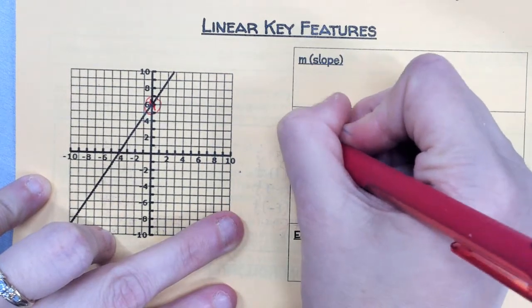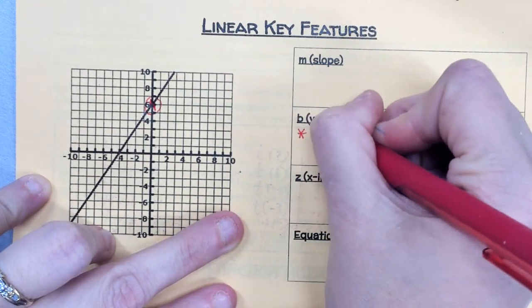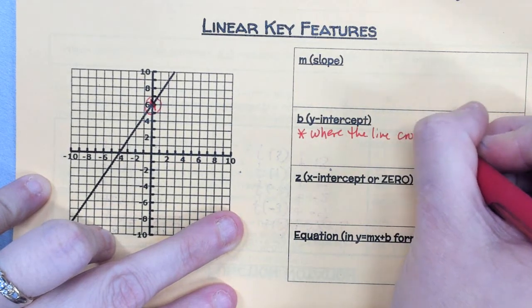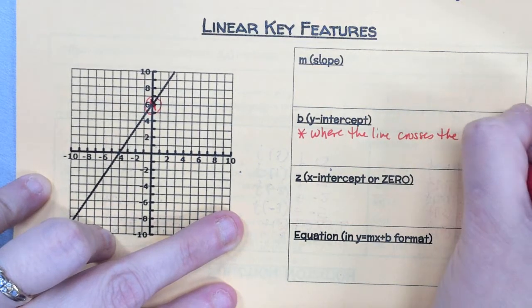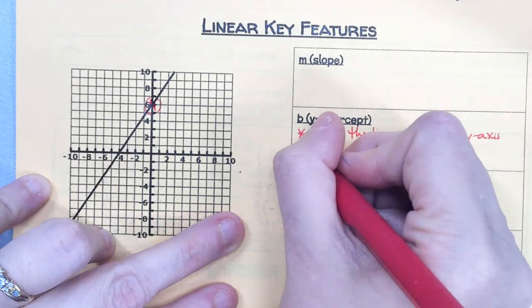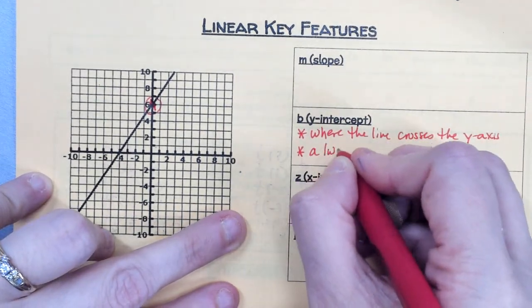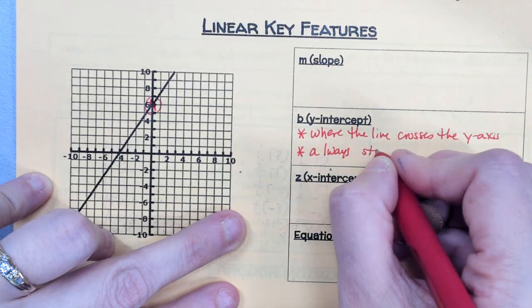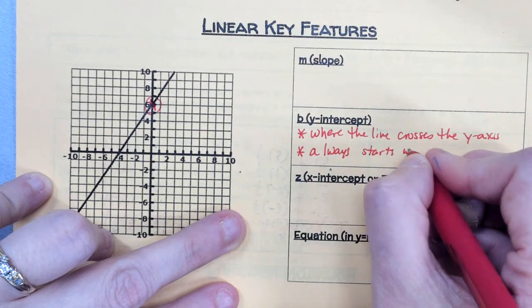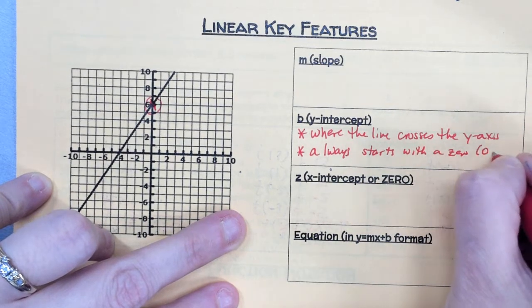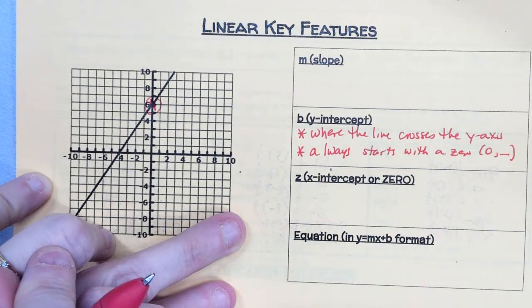The y-intercept is where the line crosses the y-axis, okay? And it always starts with a 0. So it's going to be 0, comma, something, okay?